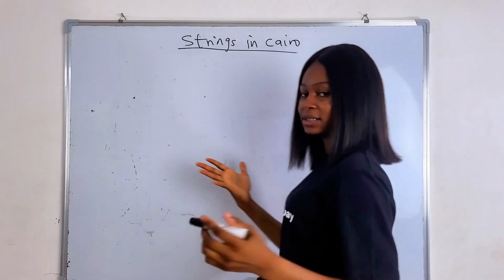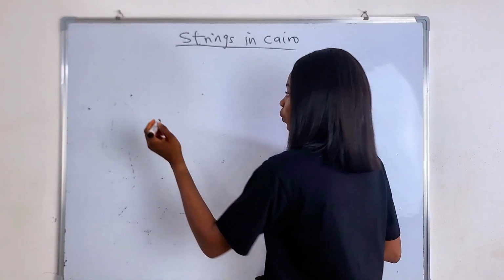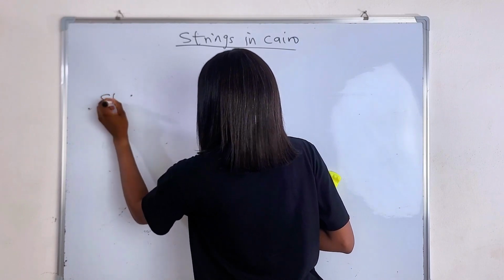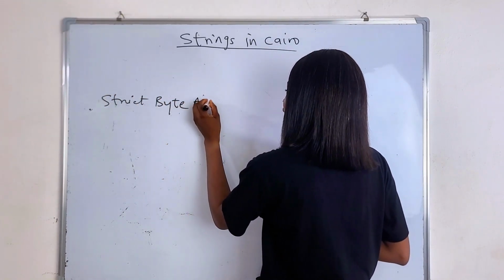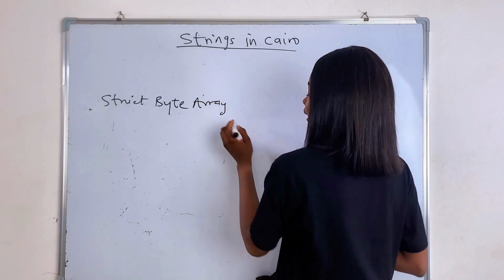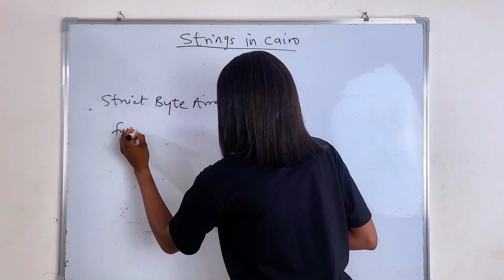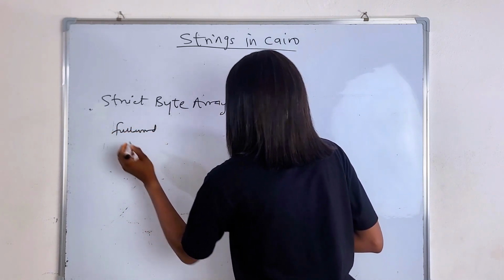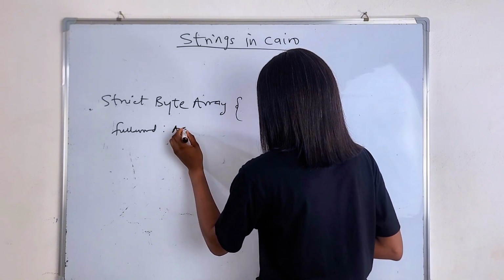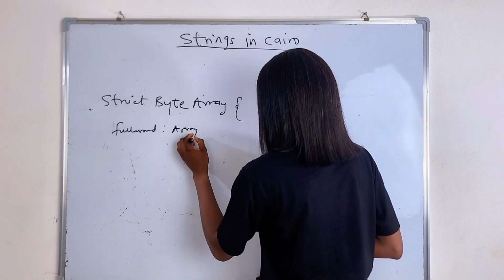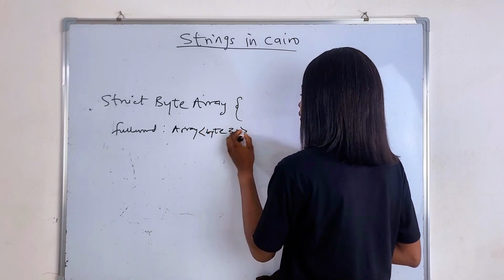So let's define the structure of a byte array. We have a struct ByteArray, and then we have the data, which is a type of array of bytes31.